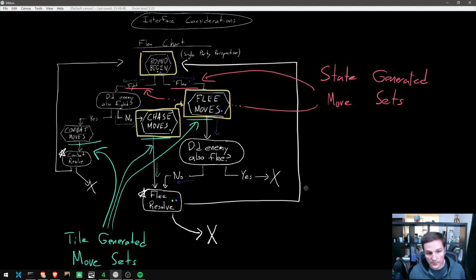And there could easily be inconsistencies in the flow where one party ends up in combat while the other is fleeing, which is not a game we even have a resolve for, right? The combat resolve here is actually a function that takes in two combat moves. The flee resolve takes in a set of flee moves and a set of chase moves. So these resolves do depend on consistency of the flows according to a higher level logic than what's actually represented in the flowchart. And so it's a little hard to see how I would wrap my head around what's allowed and what's not allowed with this picture.